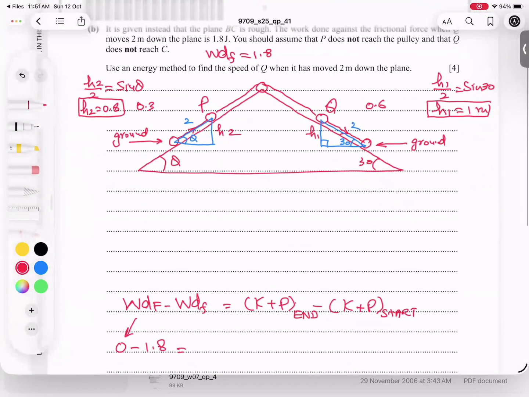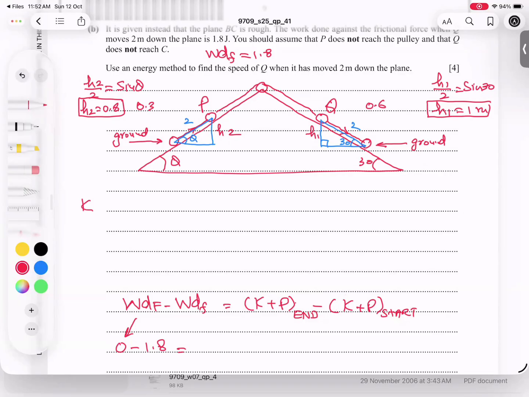First of all, I will find the kinetic energy, kinetic energy at the ending and kinetic energy at the start. I will find all four values.